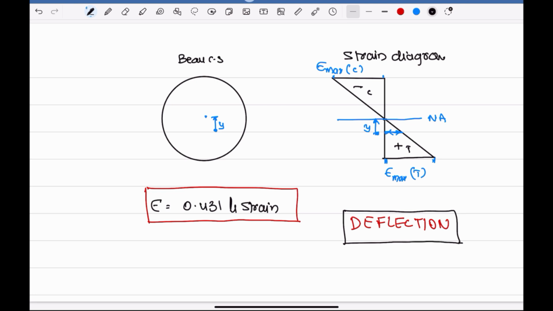Then we will go to the topic of shear stress. After deflection, we will go to shear stress. And afterwards, we will go to loading of torsion. Then combined stresses in the beams.